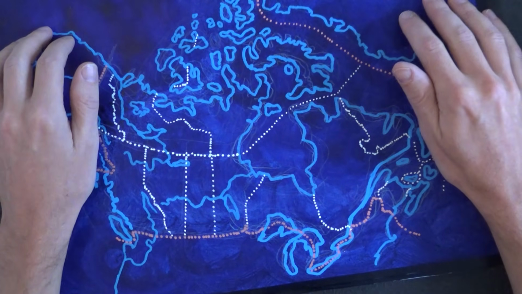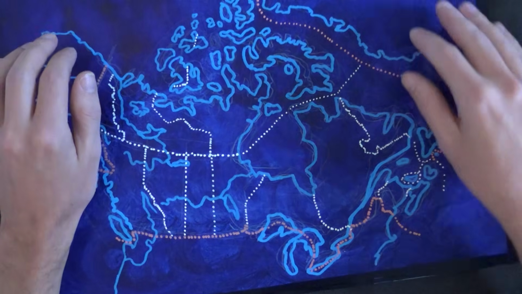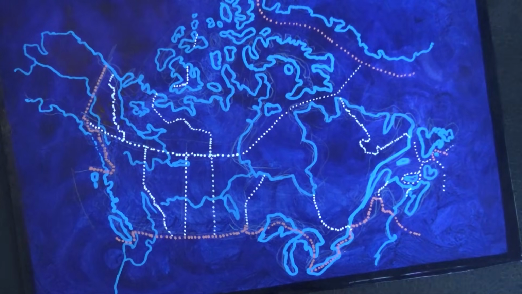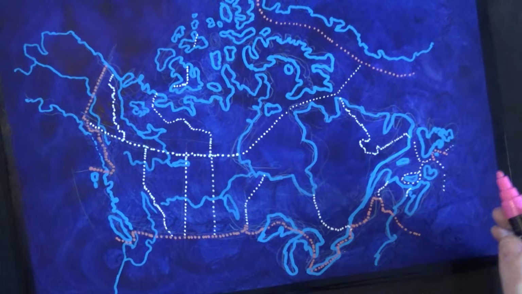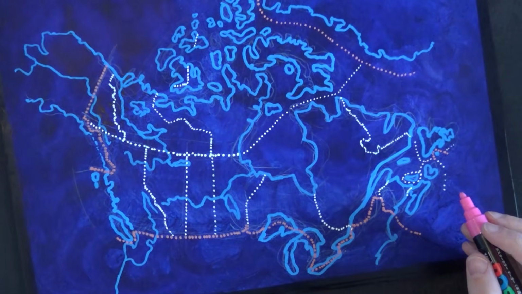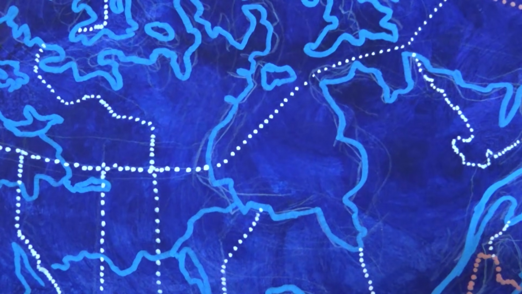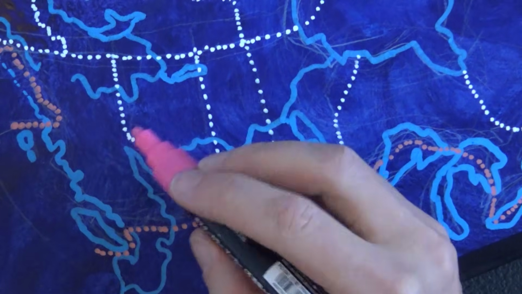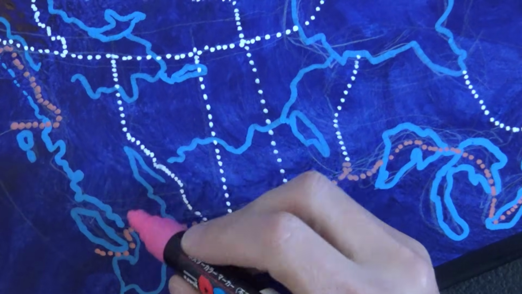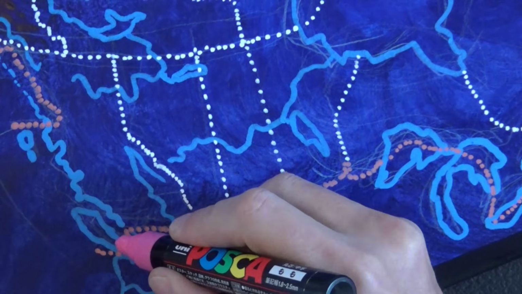The capital cities of each political division, for example. You can start with Victoria on Vancouver Island.